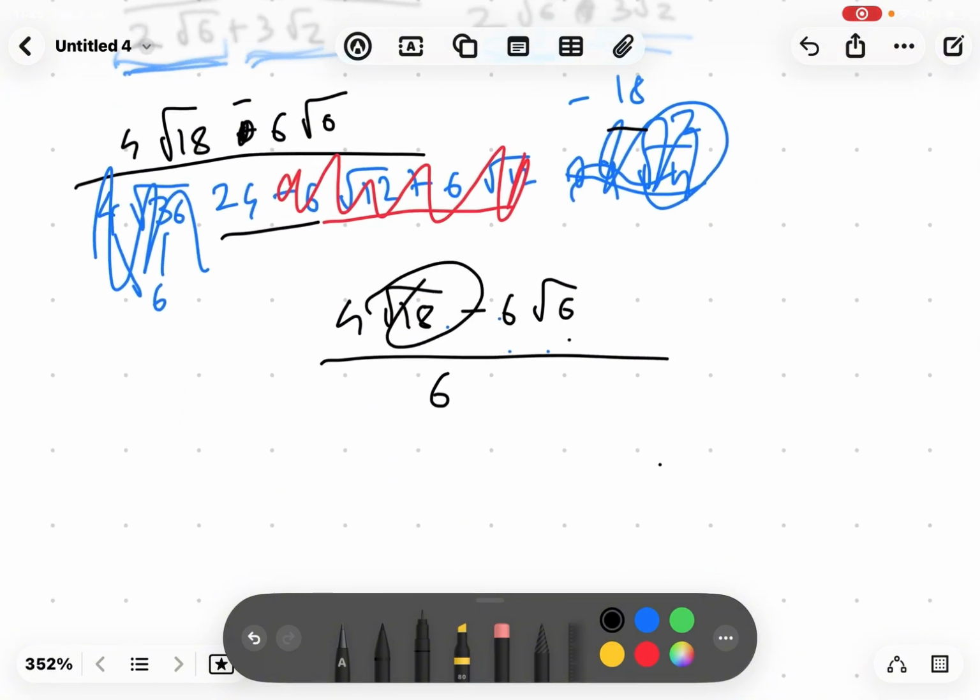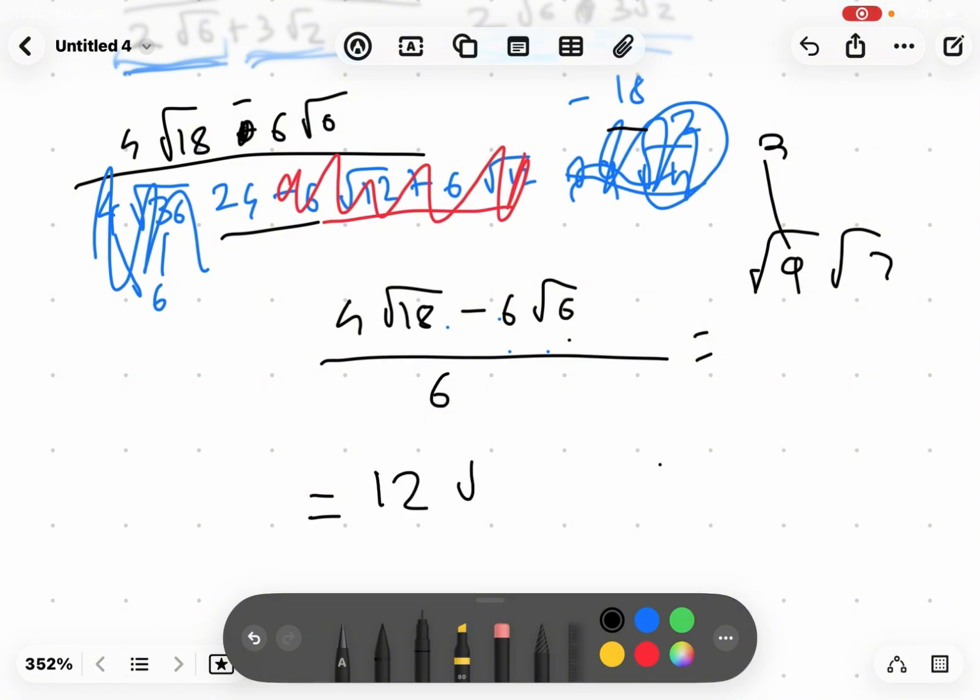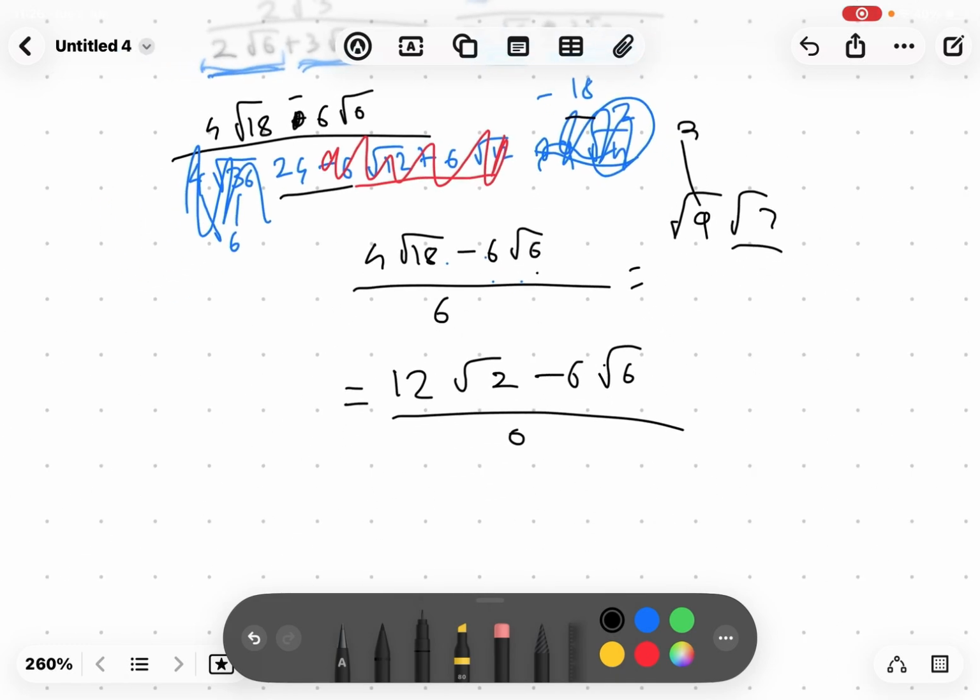We're able to make this basically this, and this is equal to 3, so we times 4 times 3, so we get 12 square root of 2 left, negative 6 square root of 6 divided by 6, and look, this is 6, this can be divided by 6, and this can be divided by 6, and these don't get touched.